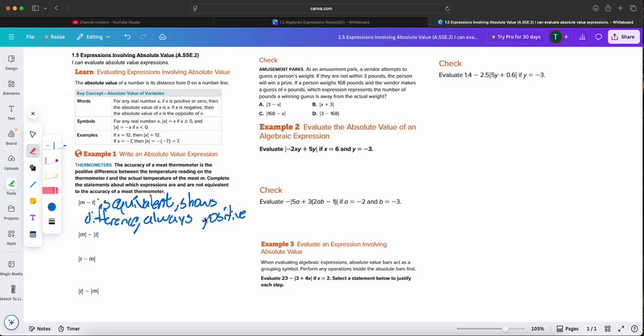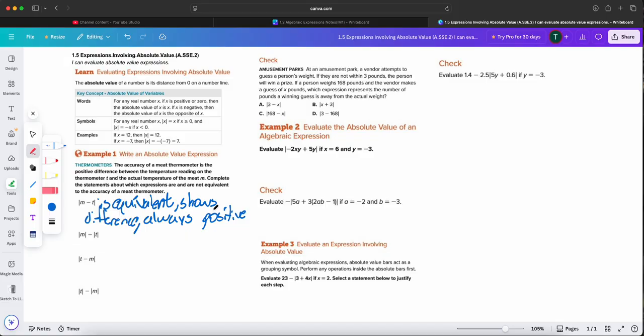If we focus on this next one, where I let M be 150 and T be 151, if I take the absolute value of 150, that's 150. If I take the absolute value of 151, that's 151. But then if I take 150 minus 151, that gets me negative 1.